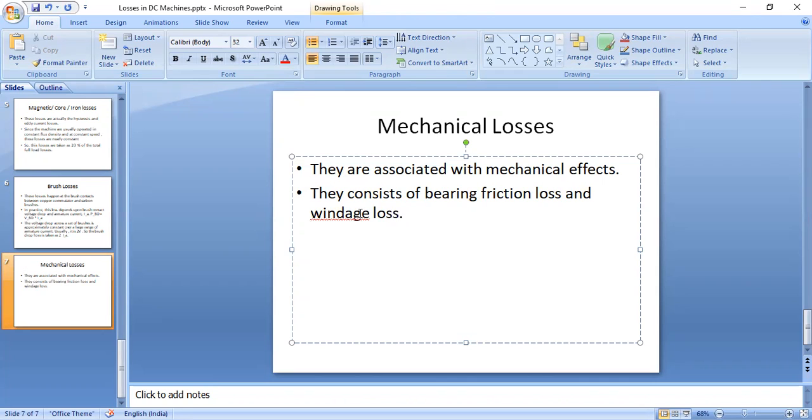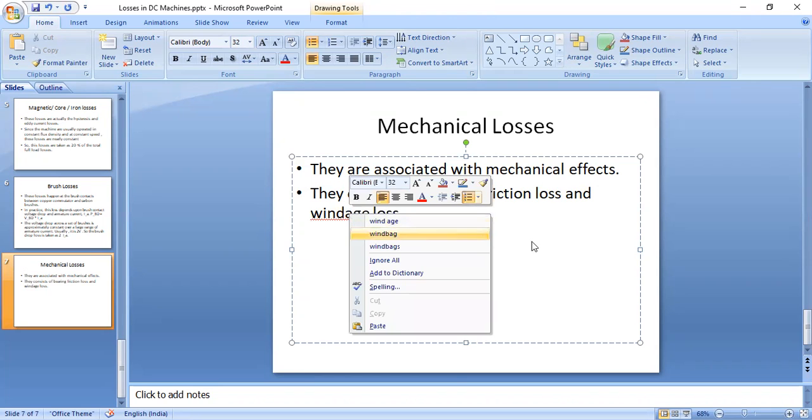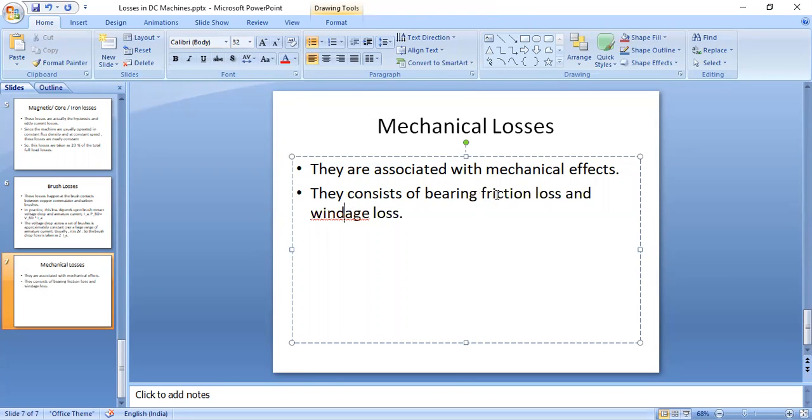Bearings are used at the rotating parts. Whatever friction happens at the bearing is the bearing friction loss, and the windage loss we'll see in further discussion.